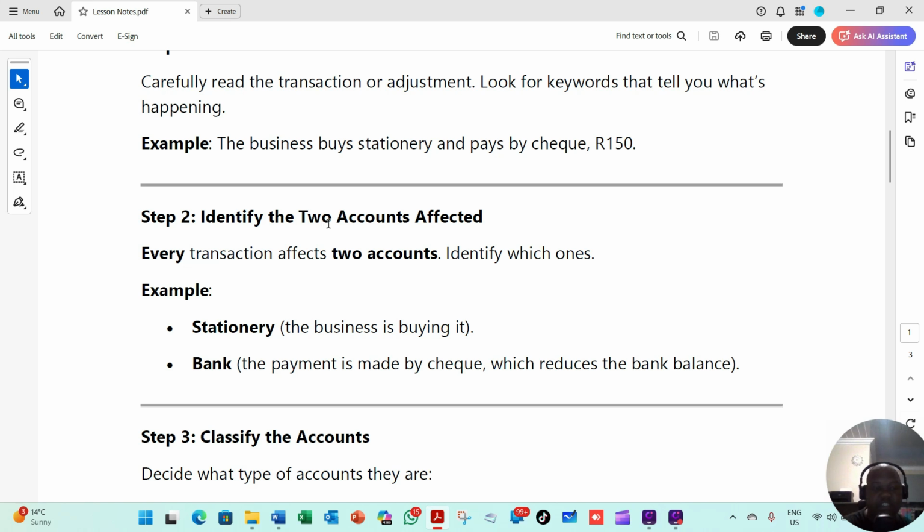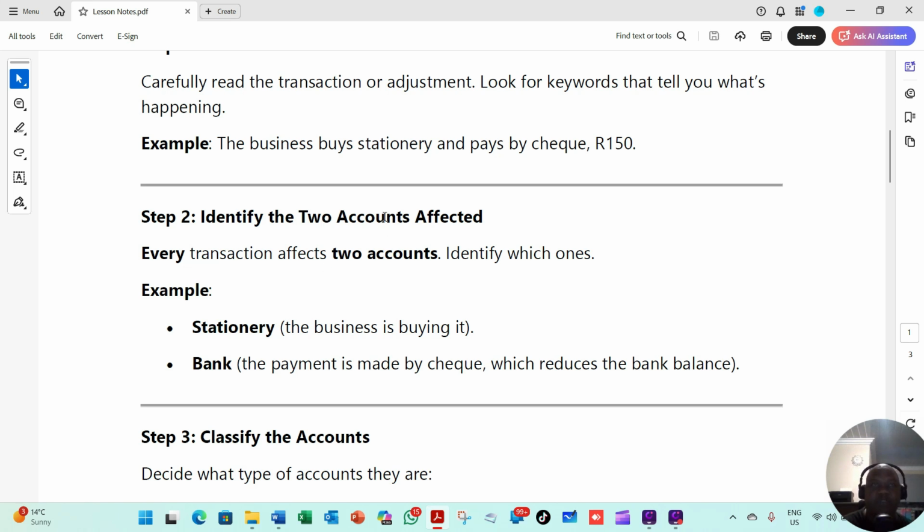There's only one transaction that affects 4 accounts, and that one is the sales account. It affects the sales. It also affects bank if it's a cash sale. It also affects trading stock and cost of sales. So 4 accounts, but the rest affect at least 2 accounts. So identify the 2 accounts affected.